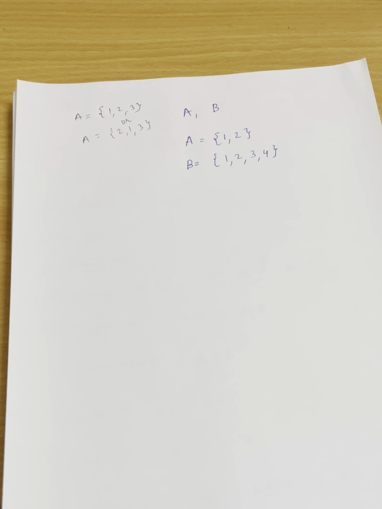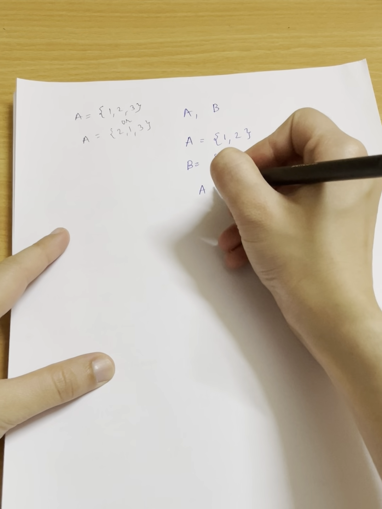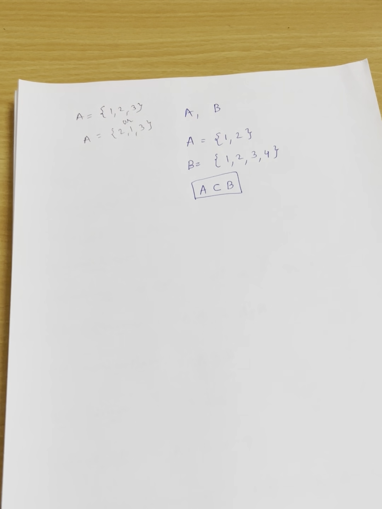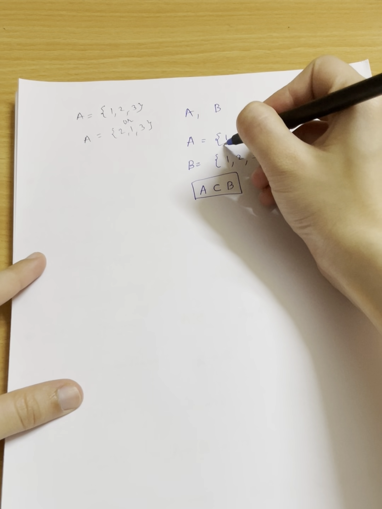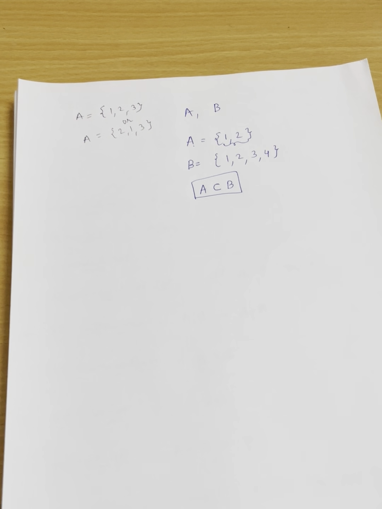Now we can say A is a proper subset of B. Why proper subset? Because a subset means the elements which are present in A are also present in B. All the elements present in A should be present in B. That is the property of subset.